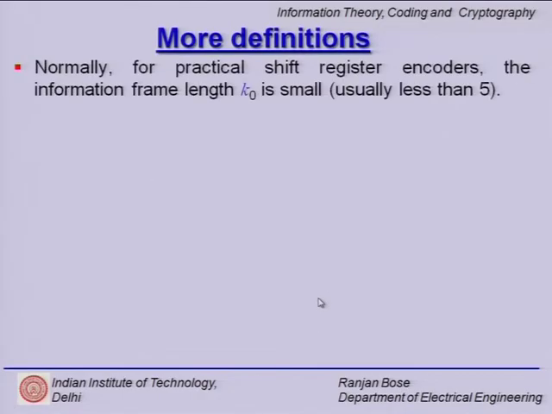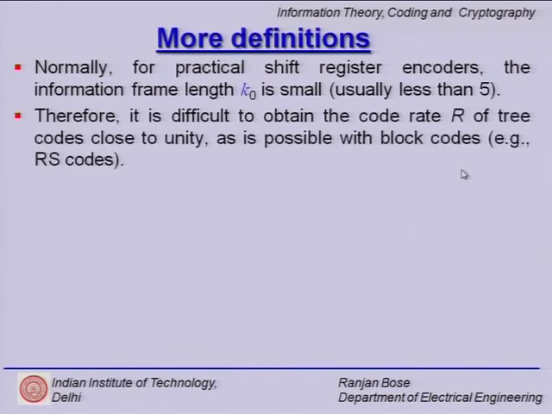So, let us have some more definitions. For practical shift register encoders to work, the information frame length is typically small. There is a major difference from our linear block codes, where k is huge. So, it could be 5 or less, 7 is also common, but we would rather have small k naught.